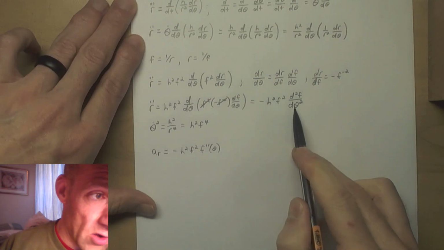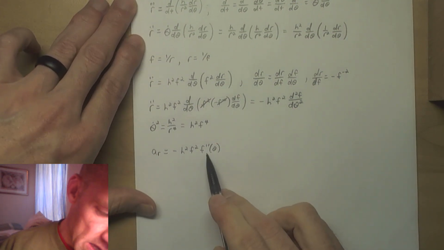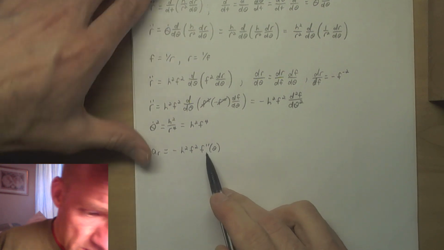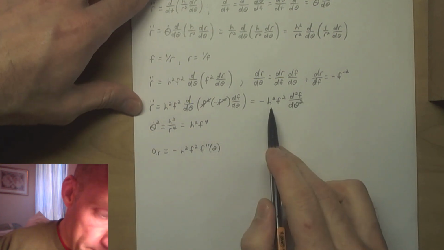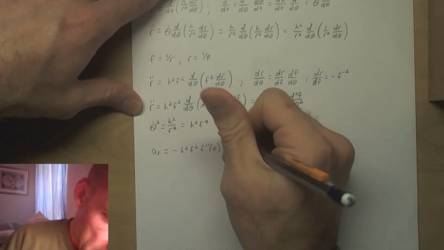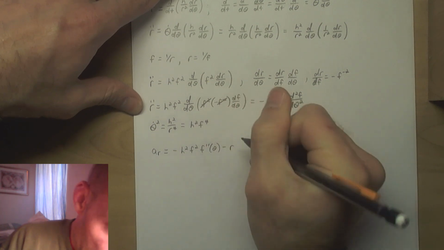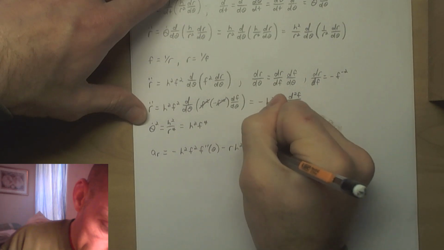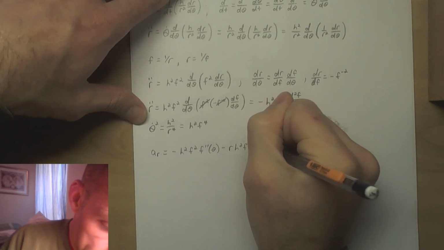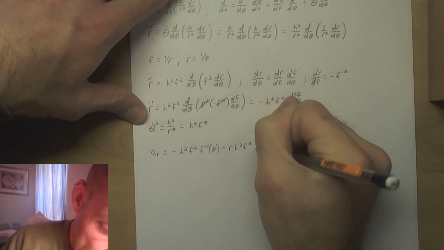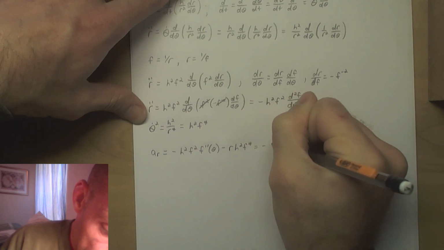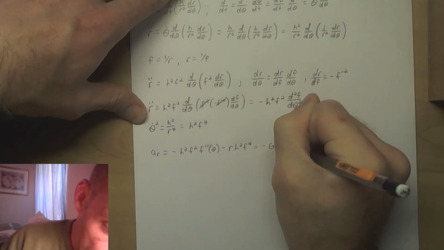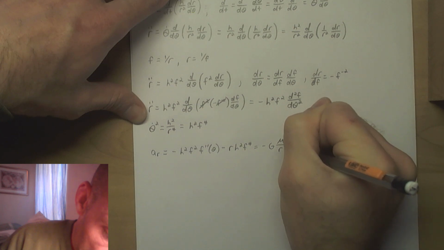I'm just changing the notation from this to that. So that's r double dot minus r times theta dot squared, and that's equal to negative G, the mass of the large object, times r squared.